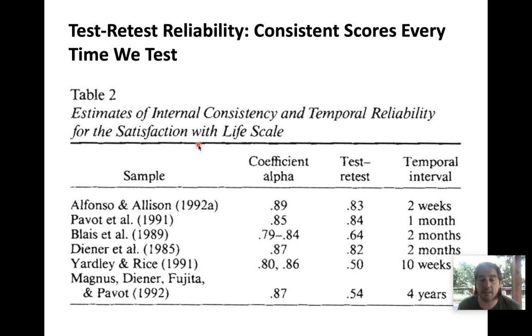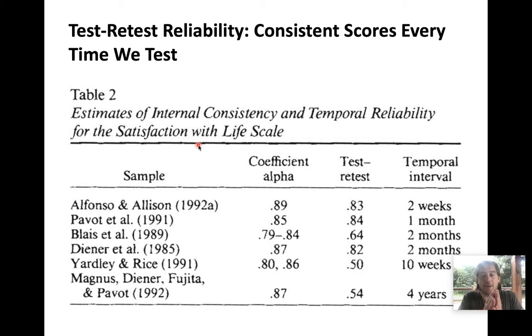We would expect that with a small test-retest window, people's scores would remain very similar, right? Because it's unlikely that your satisfaction with life changes dramatically in a span of 2 days or a week, right? So we would want to see very high test-retest reliability on a short time scale for this particular satisfaction with life survey scale.